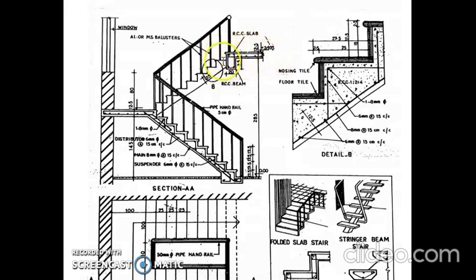And the main bar from the slab is also extended to the beam portion for the proper connection, and the distribution bars are given as small dots or circles.